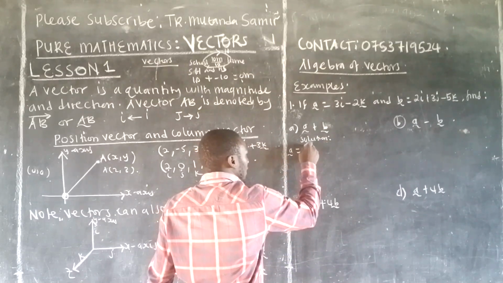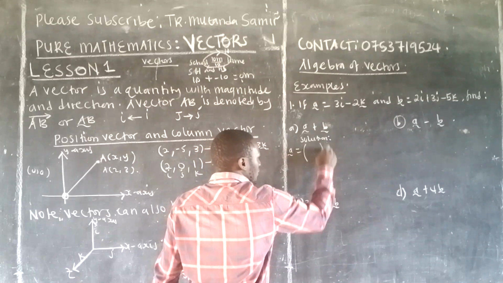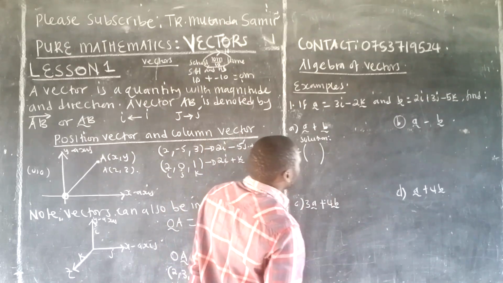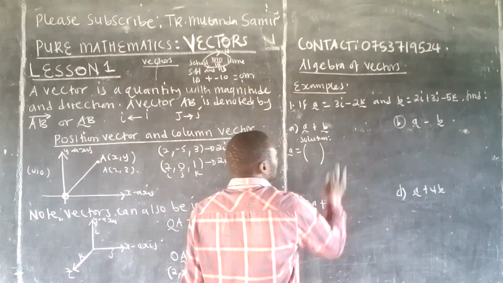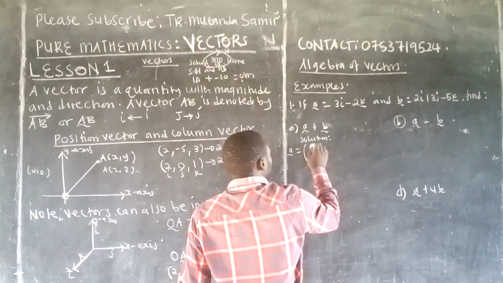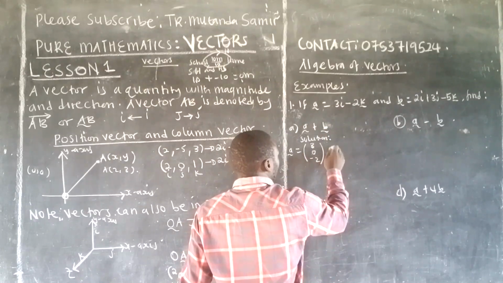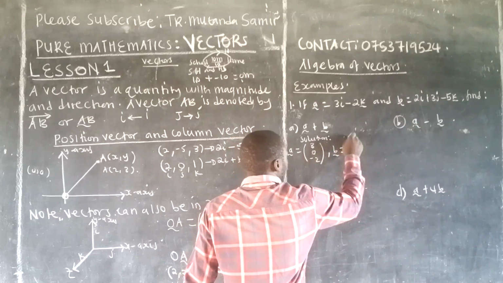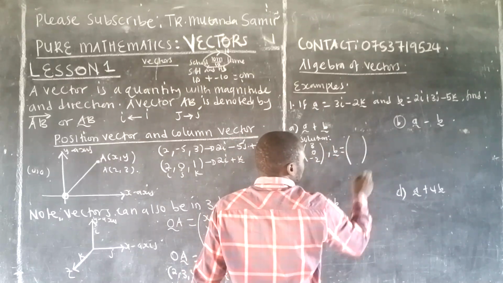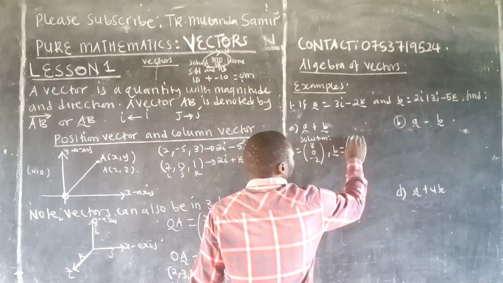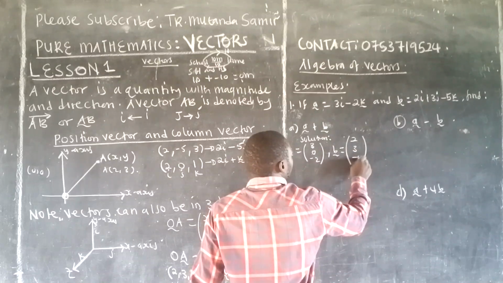Vector A in column form: 3 in the I, the J is 0, and -2 in the K. Vector B is simply 2, 3, -5.